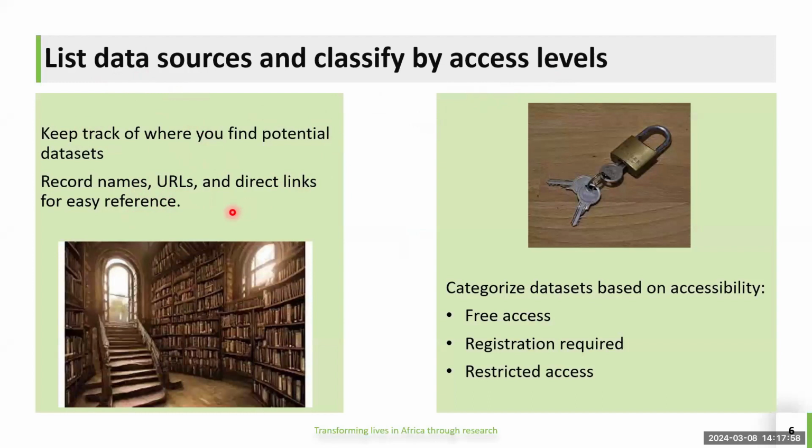For people who are working in research, when you're looking for research articles, you keep track using referencing software. The idea is that you want to keep a record of what you've looked at.